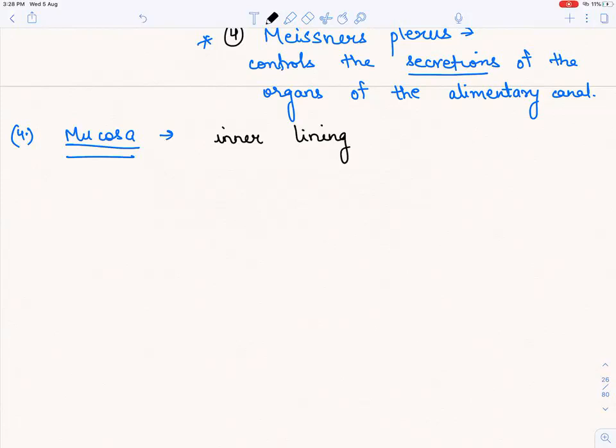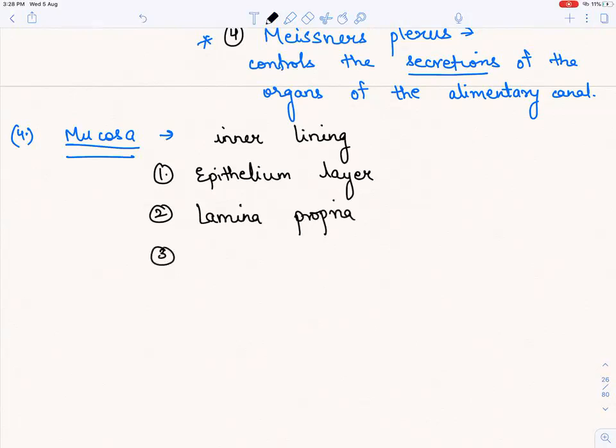So it is composed of 3 parts. What are the 3 parts? The first part is the epithelium layer. The second part is the lamina propria. And the third part is the muscularis mucosa.